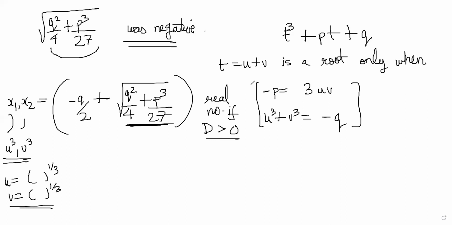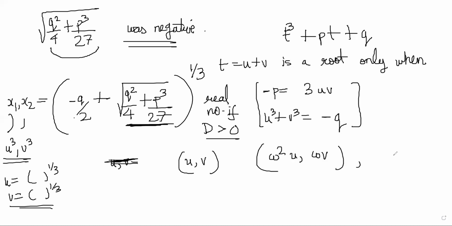Then if this part is negative, u and v are basically cube roots of some complex number. And when you take cube roots of a complex number, the actual roots will turn out to be u, v; omega square u, omega v; and omega u, omega square v.